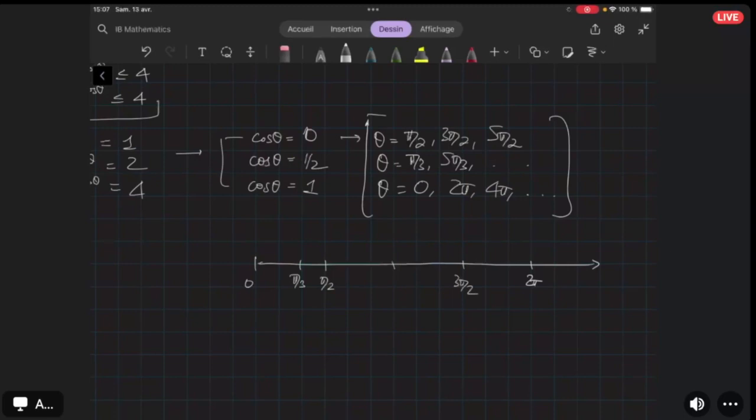Do we miss anything? 0, pi. I don't think I missed anything, right? 5 pi over 3, that's way over there. All right. We need to find a so that this guy has exactly 3 solutions.